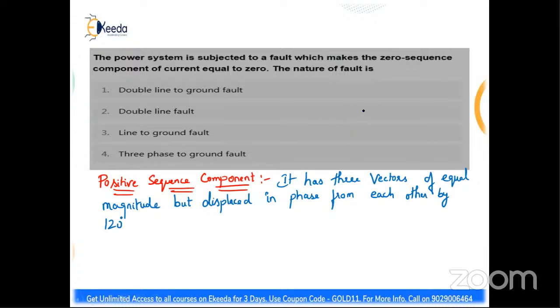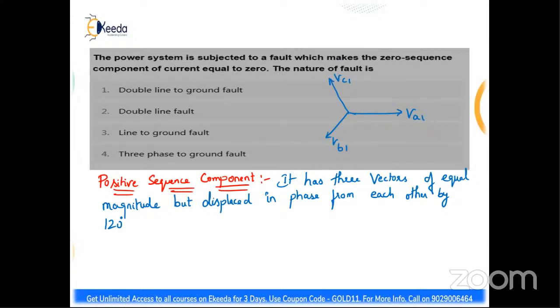I'll draw here, for example, this is VA1, this is VC1, and this is VB1. Okay, VA1, VB1 and VC1. This is the positive sequence component.